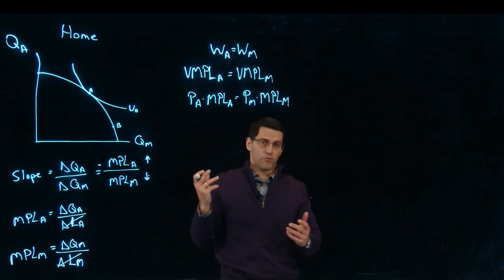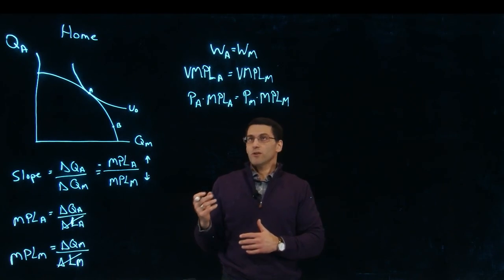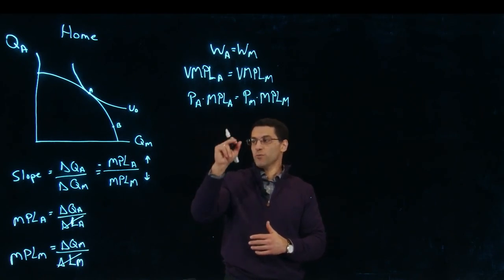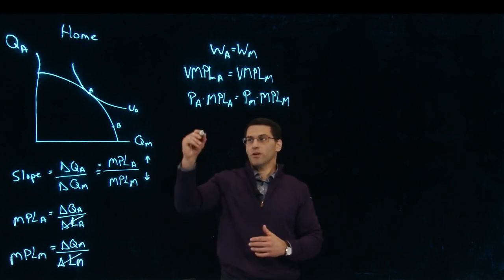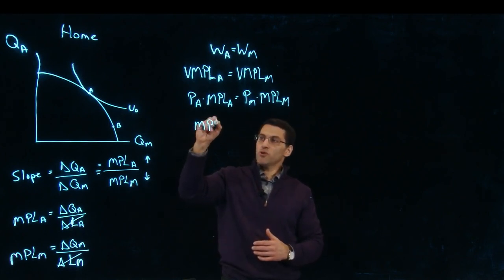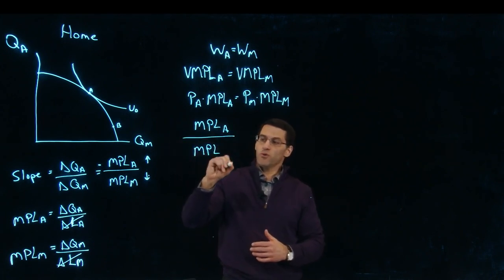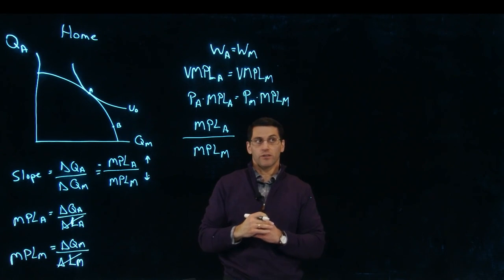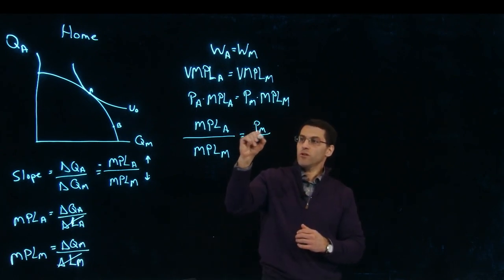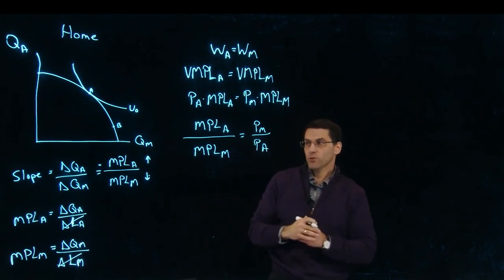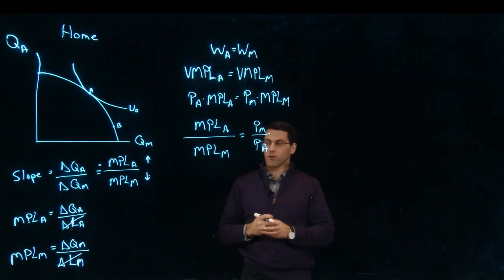So we take this equation and rearrange it just as we did with the Ricardian model. What do we get? We get that the ratio of the marginal products, and I want to keep them to be the same as this expression over here, the marginal product of labor in agriculture over the marginal product of labor in manufacturing is equal to a price ratio, but it's price of manufactured goods over the price of agriculture.